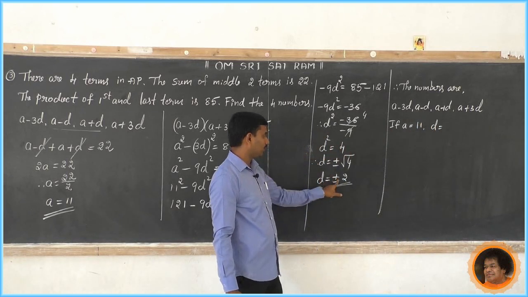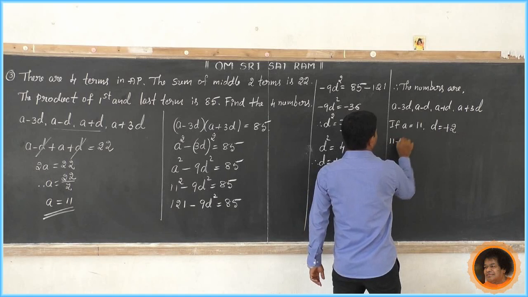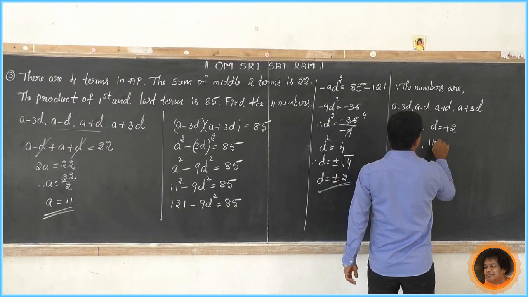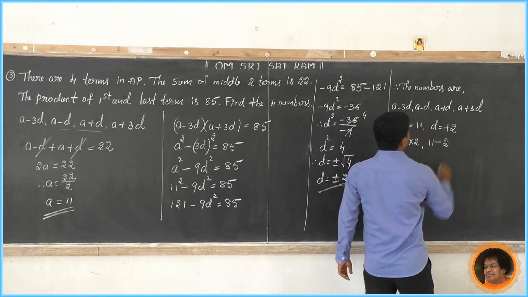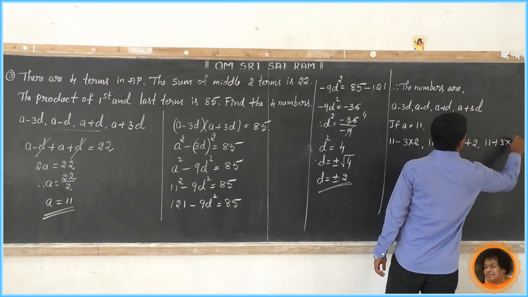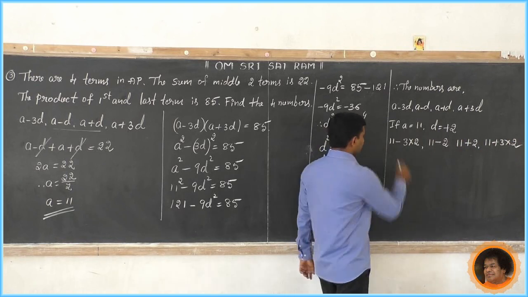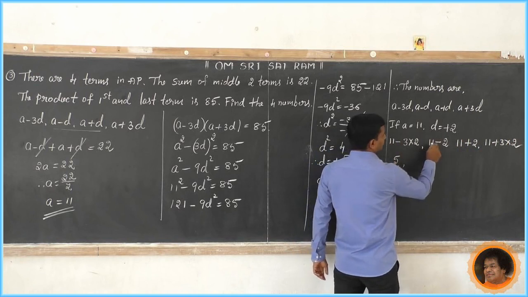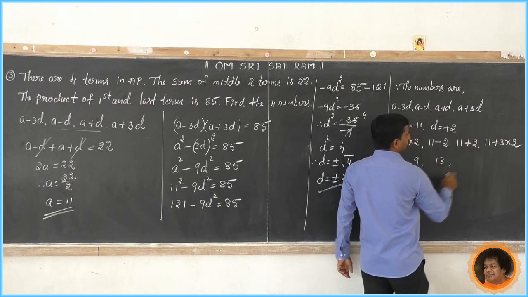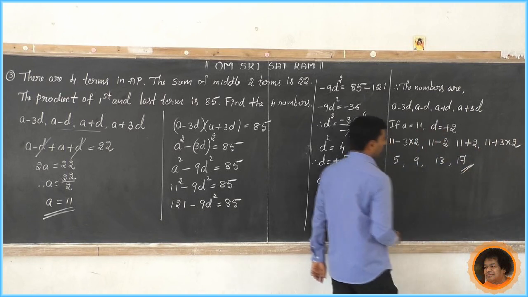Now substitute the values. Take d equal to 2: 11 minus 3 into 2, that is 11 minus 6, 5. Then a minus d, 11 minus 2, that is 9. Then 11 plus 2, 13. Then 11 plus 3 into 2, which is 6, so 17. So 5, 9, 13, 17 are the 4 terms.